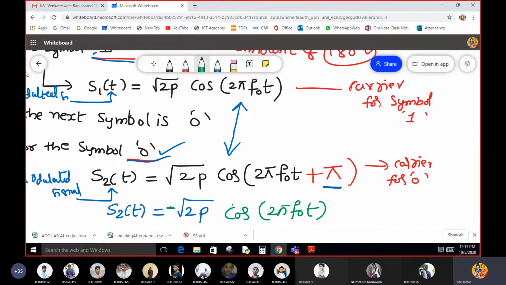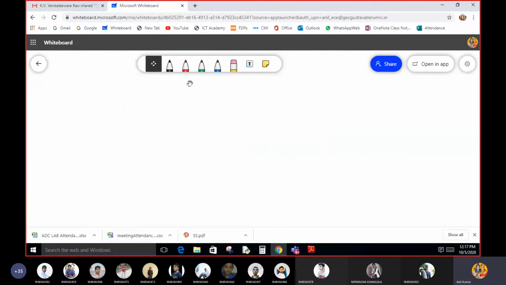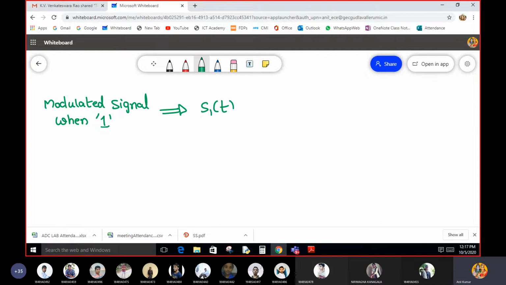Right? So now I will write the modulated signal here. The modulated signal when logic 1 is represented by s1 of t, which is equal to root 2P cos 2 pi f naught t.